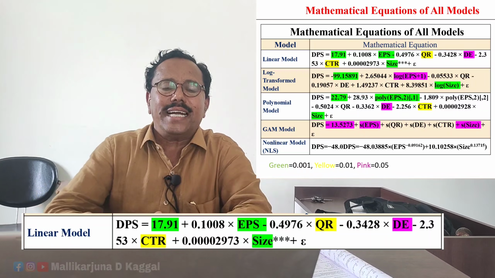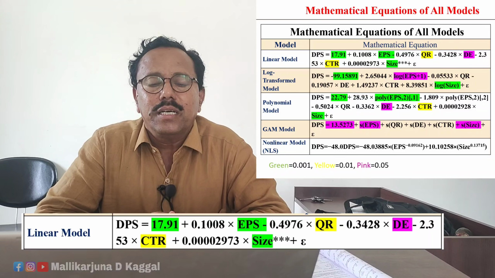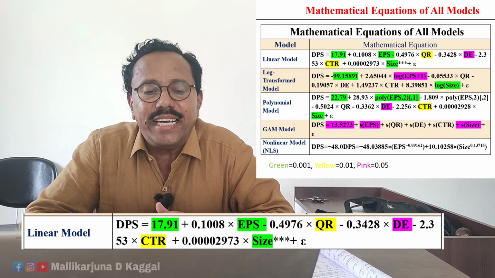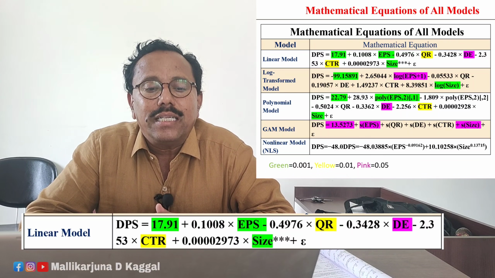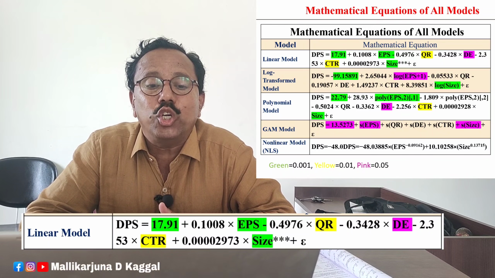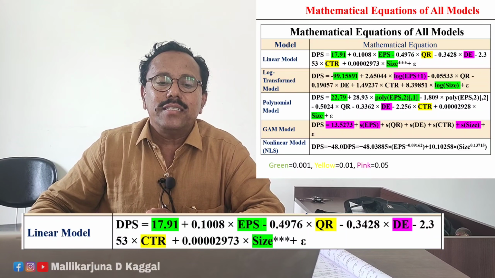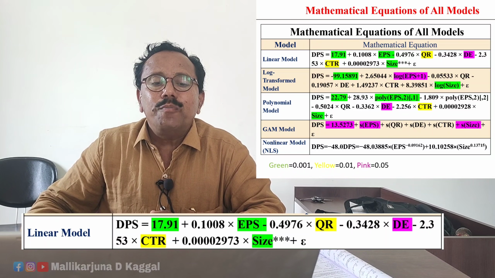Now let us come to the first independent variable, EPS, and how it contributes. For 1 unit change in EPS, there is a positive change in DPS by 0.1008. This is a change in DPS.